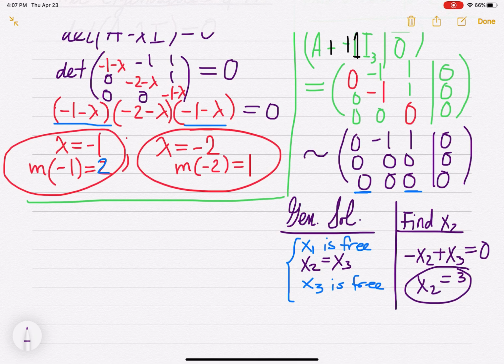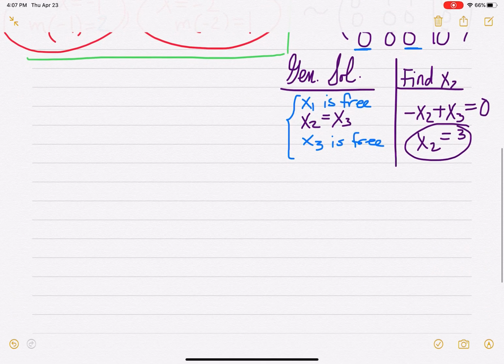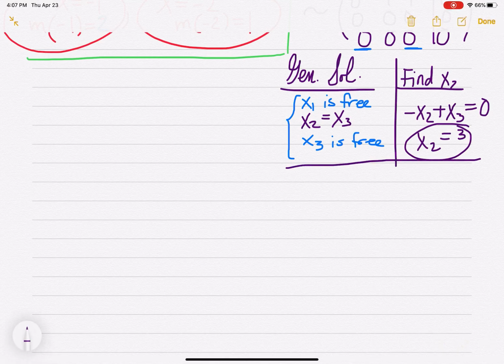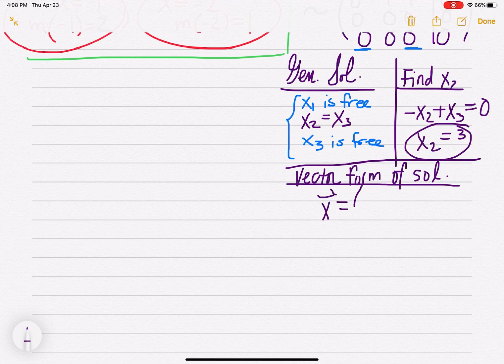And if we put the general solution in vector form, this vector is going to be x1, x3, x3. In which case we can factor out an x1, and we're going to have coefficients 1, 0, 0. We can factor out x3.